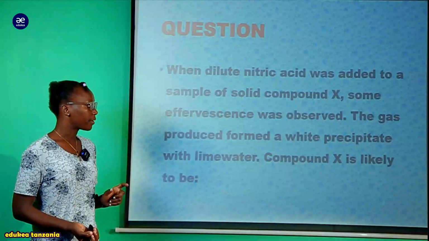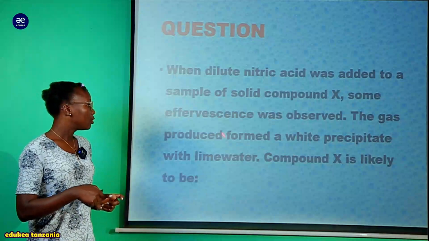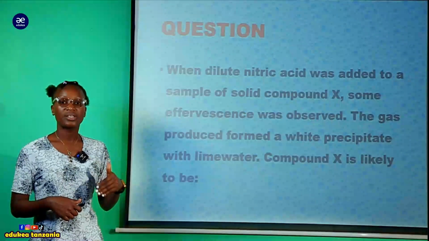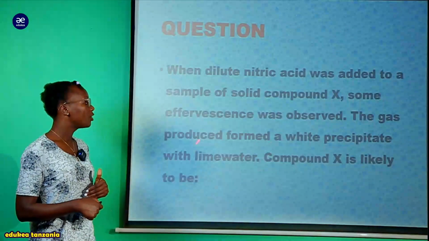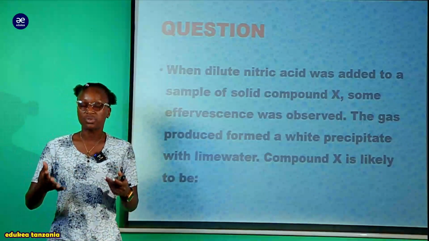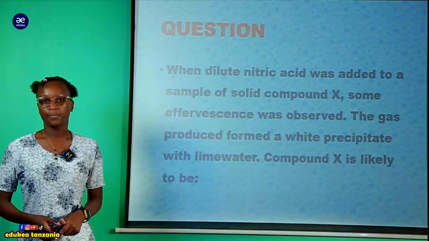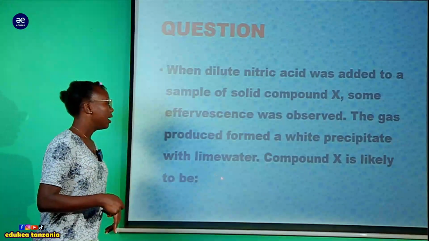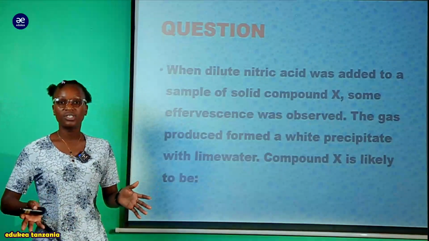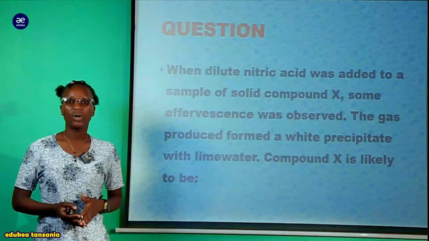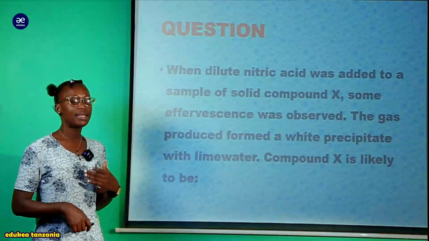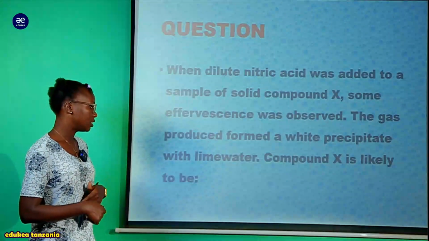Sasa anasema kwamba gas produced wakati hizo effervescence ulikuwa unaziona, anasema hiyo gesi ilifanya white PPT with the lime water. Lime water ni kitu gani? You have to know that, kwa sababu kuna chemical names na common names. Kwa hiyo unatakiwa ujue lime water, quicklime, limestone, what are those? Kwa hiyo anakuambia kwamba hiyo gas ilitengeneza white PPT with the lime water.